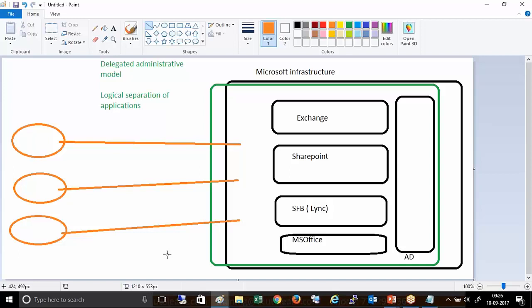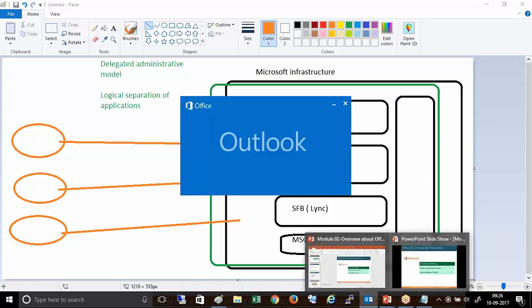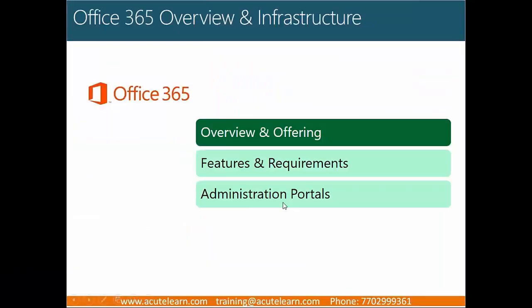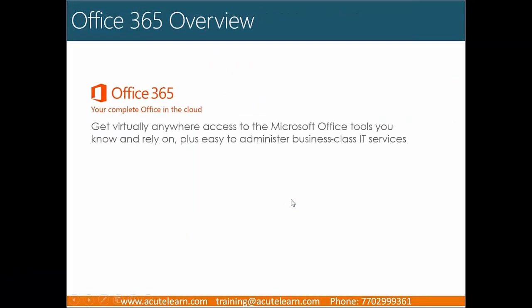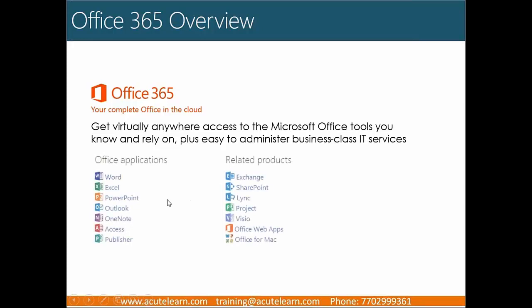That is where Microsoft is playing a key role in the Office 365 platform. So Office 365 is basically virtually anywhere access to the Microsoft Office tools. It provides applications like Word, Excel, PowerPoint, Outlook, OneNote, Access, Publisher.